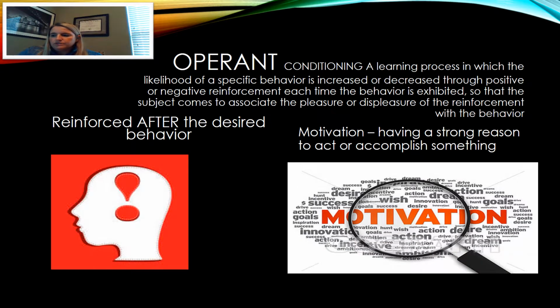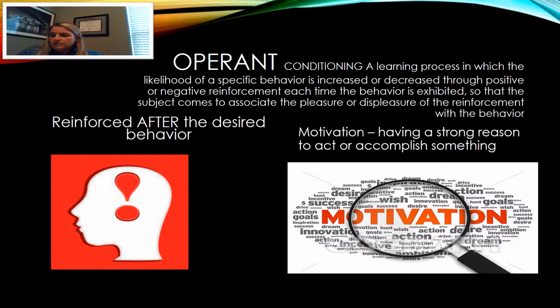Operant conditioning is similar to classical conditioning, but by no means are the two the same. You see, operant conditioning involves changing one's behavior by use of reinforcement or punishment, which is given after the desired response. The behaviors that change in operant conditioning are voluntary.